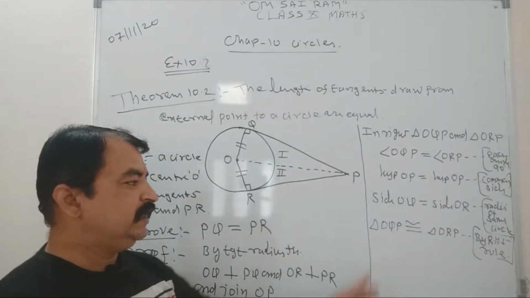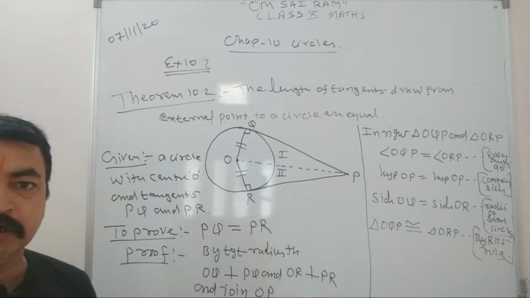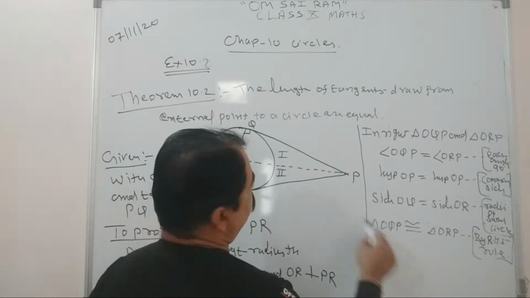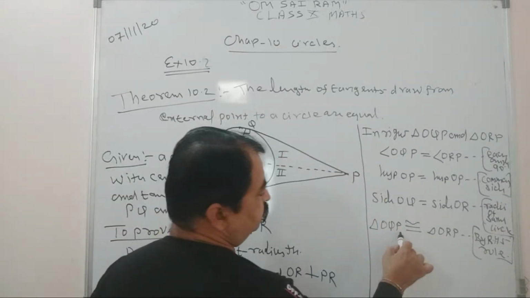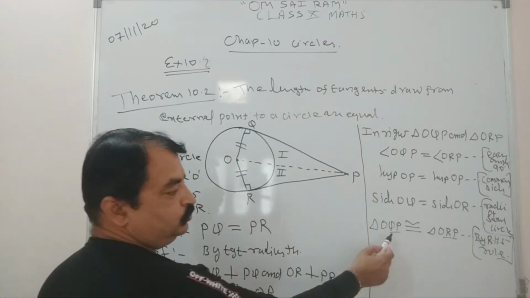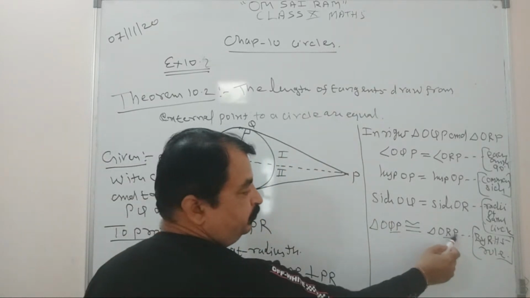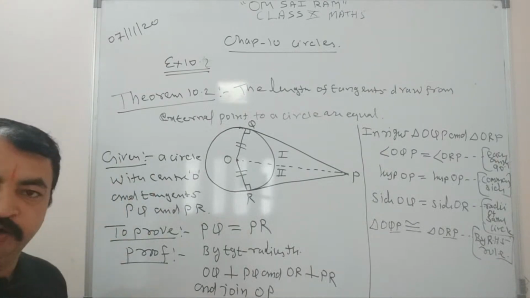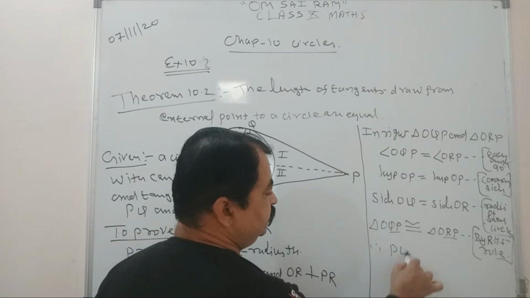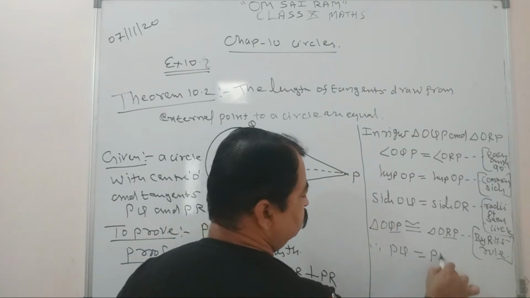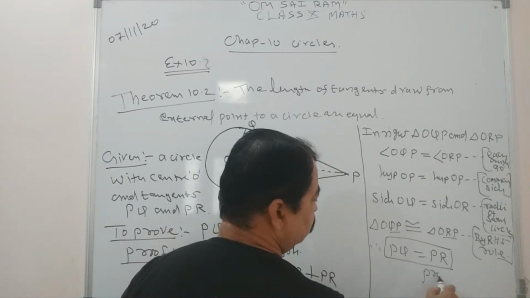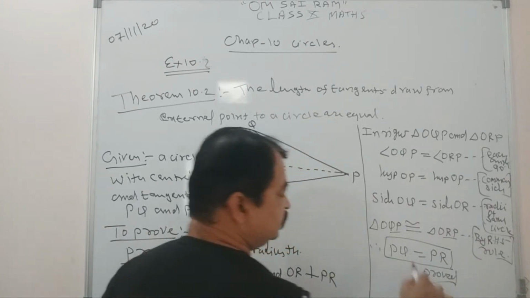Now, by the RHS we got both the triangles congruent. Therefore, we can say PQ is equal to PR. This is PQ and this is PR, the last two vertices, P and Q, P and R, corresponding vertices. So we write PQ is equal to PR, and this was our requirement, that is our proof.